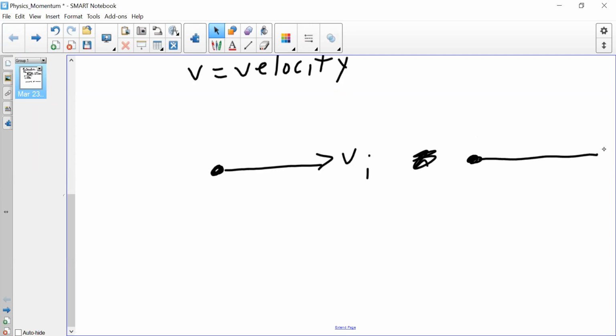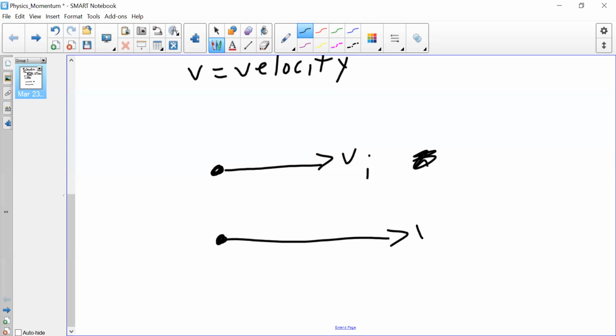So its speed increases. Try and draw that better. And say collision here, and then the final case would be something like that, larger velocity.